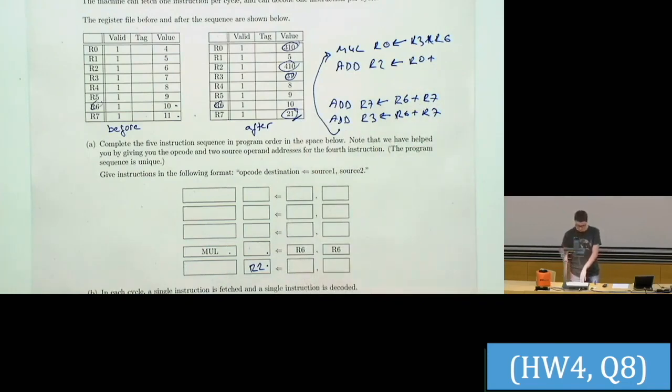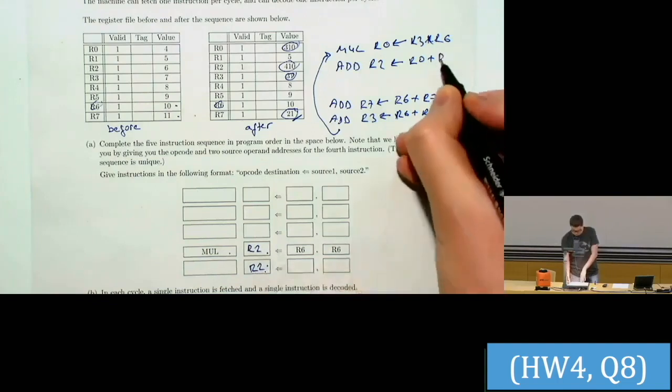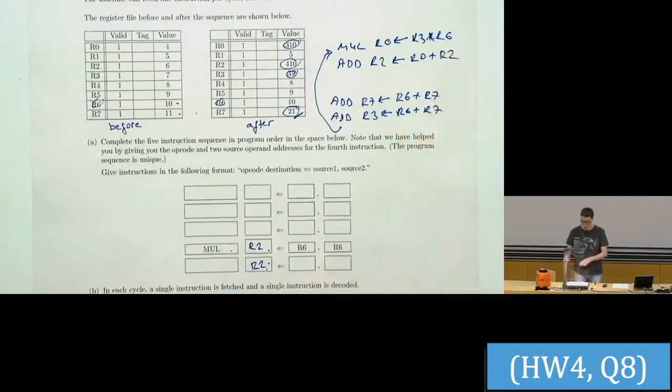And in the beginning, we said that it should be the same as this instruction that is following it. So that instruction, the last instruction, should also be R0 plus R2, right?